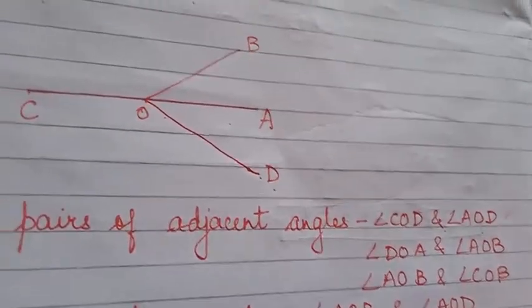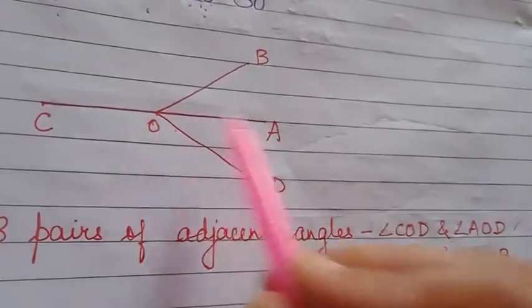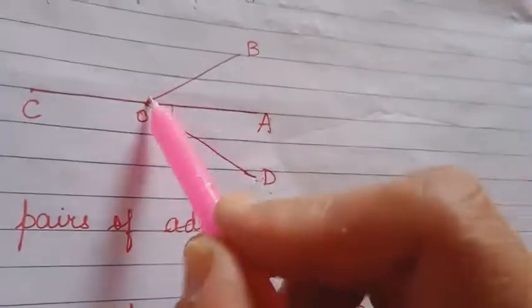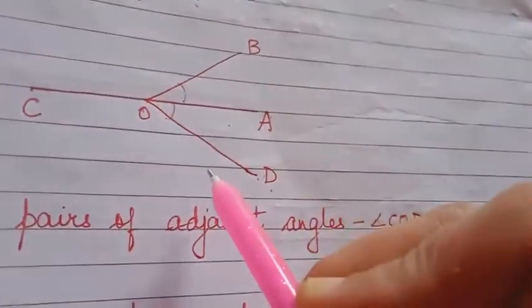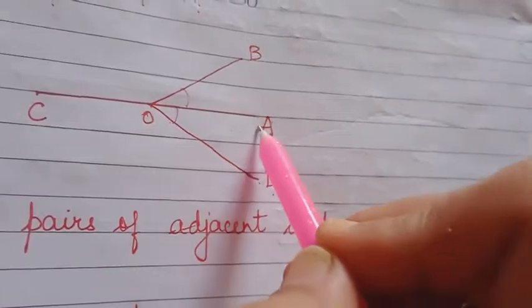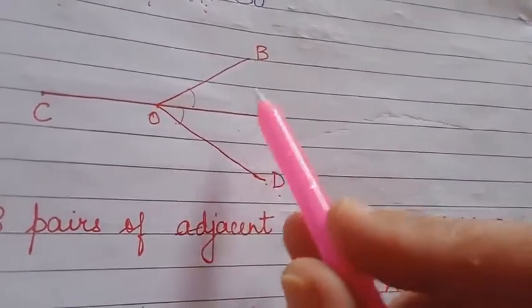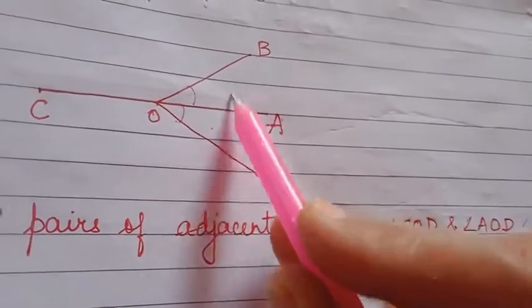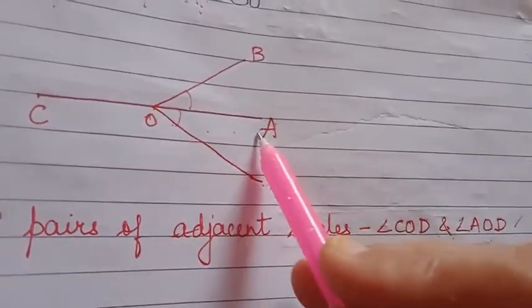Now let us see the second pair. Angle DOA, that is this angle, and angle AOB, that is this angle. In this, OA is the common arm. In this angle and this angle, both the angles share OA as common.